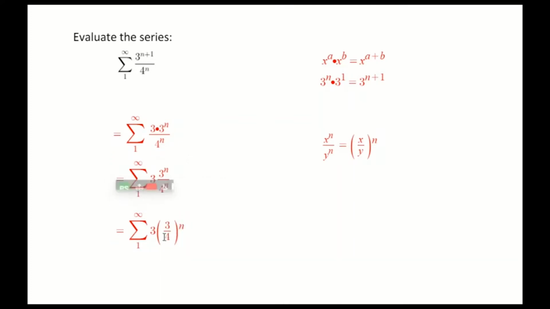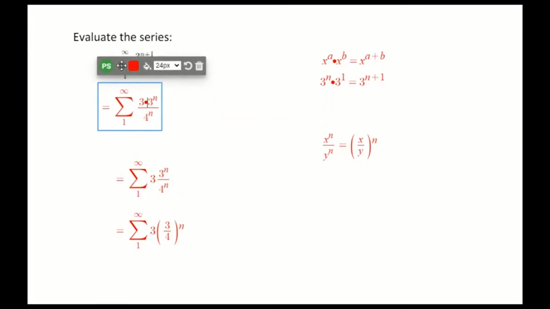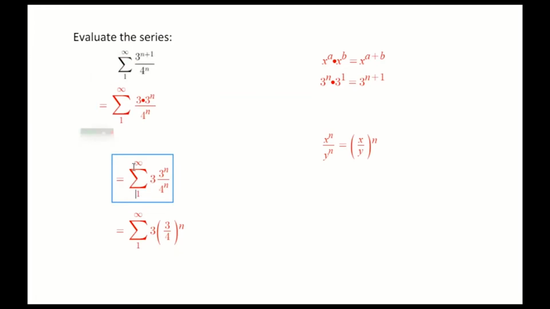Okay, so now we've got it in that geometric form, right? We just fiddled with how this looks by pulling out that extra 3.